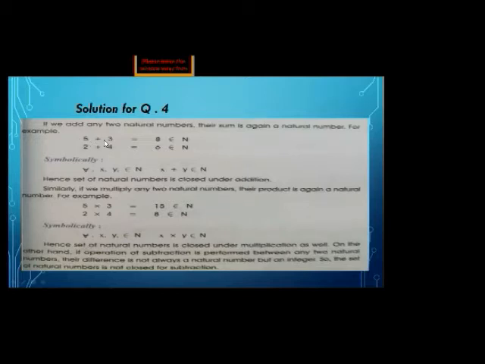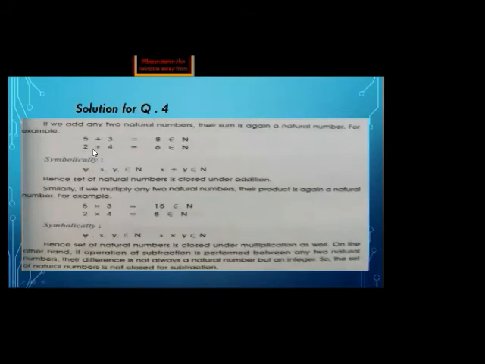When we add any two natural numbers, 5 and 3, we get the answer 8. 8 is also a natural number. So it means when we add two natural numbers, the result will be a natural number. So 5, 3 and 8 belong to the natural numbers.